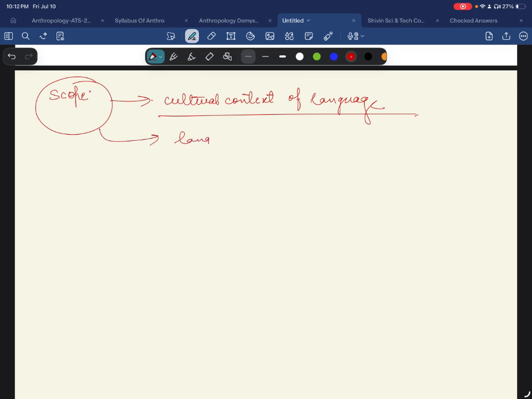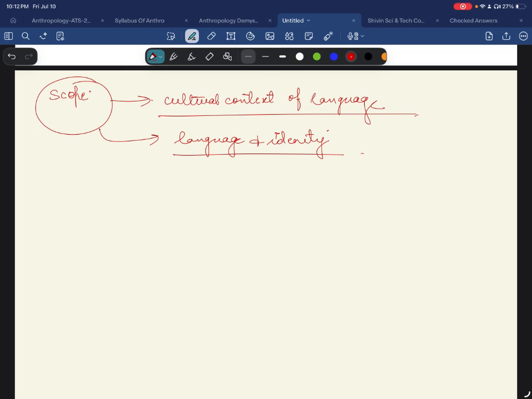Secondly, language and identity, very well known. If I talk about any tribal group, or specifically about the Jammu region, the Jammu region has a language which is Dogri. So whenever I go to a place, say Delhi, and I speak Dogri there, it will act like an identity for me.